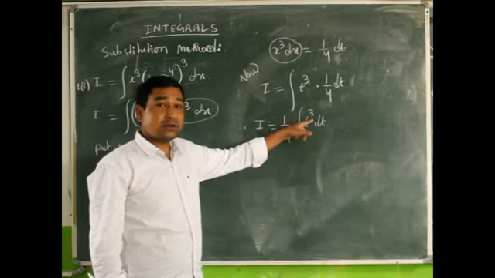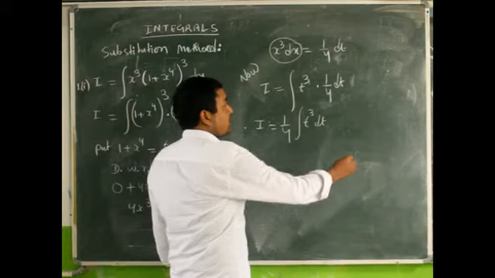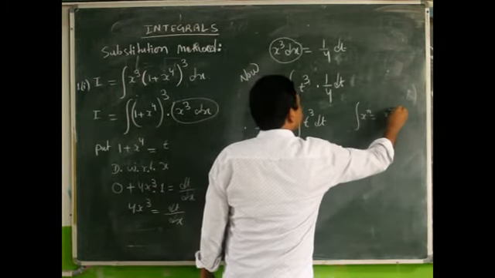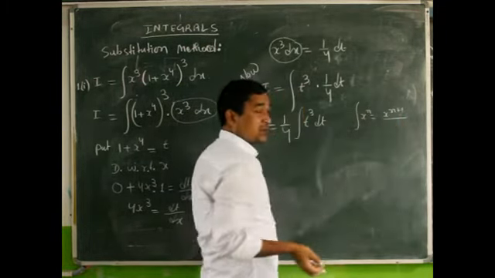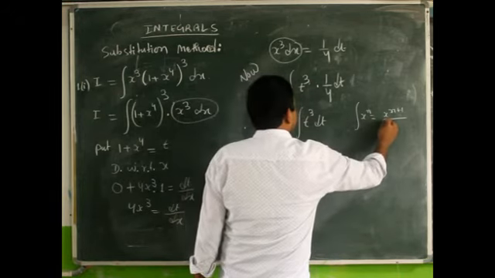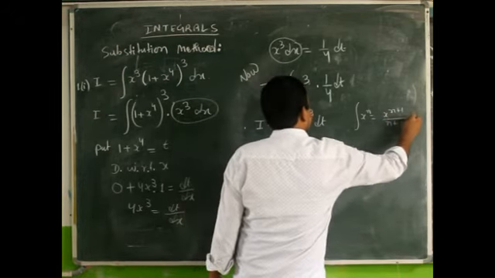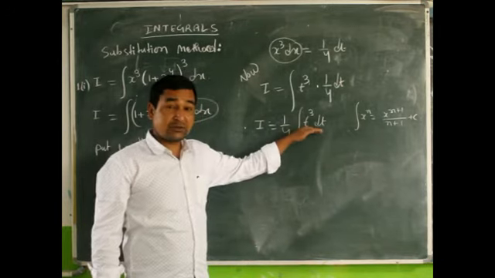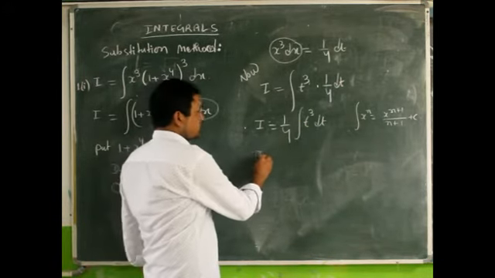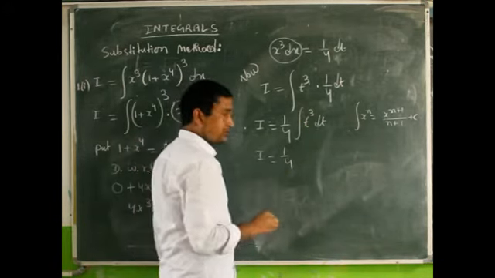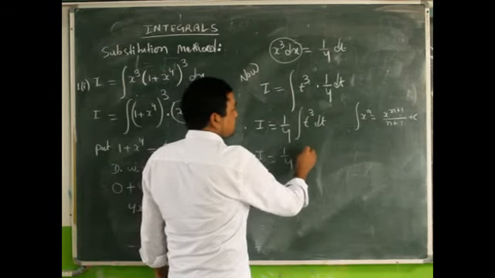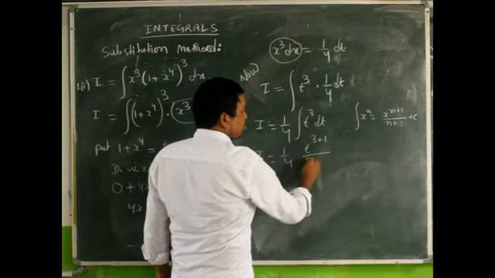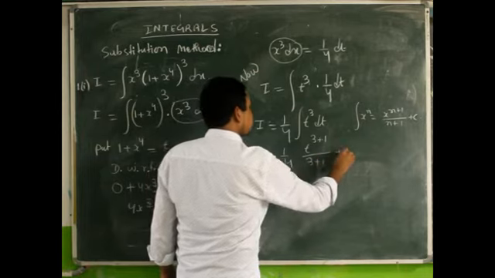Now we can do the integration according to the power formula of integration. What is the power formula of integration? We already learned it in the previous exercise: the integral of t to the n is t to the n plus 1 over n plus 1, plus c. Now use that formula. I equals 1 over 4, then the integration is t to the power 3 plus 1 over 3 plus 1, plus c.